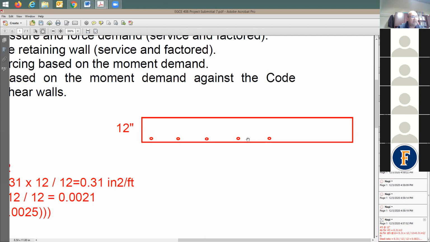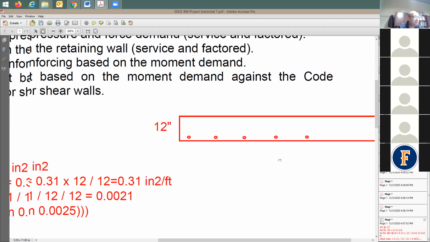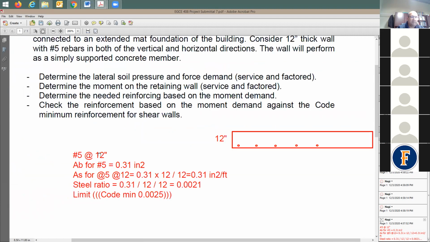Yeah, okay. This is going to be like the vertical rebars, right? And the spacing between each two rebars, according to my assumption, is going to be 12 inch. So from one rebar to the other rebar, it's going to be 12 inches, right? So the spacing is 12 inch. What I'd like to do is take this section from here to there, and this is what I'm going to call the strip.